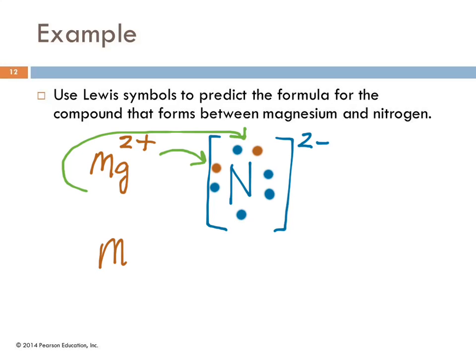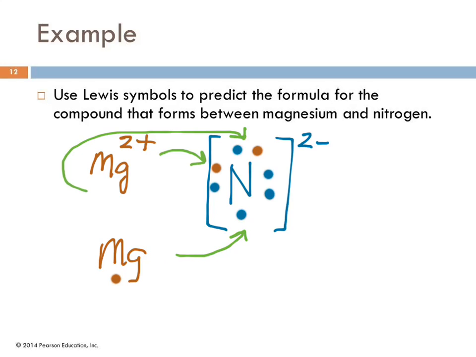Okay, so here's another magnesium, and this has 2 valence electrons. So it's going to try to get rid of valence electrons also. So this nitrogen is looking for 1 more, isn't it? So the nitrogen says, hey, over here, I'll take one of those for a minute.